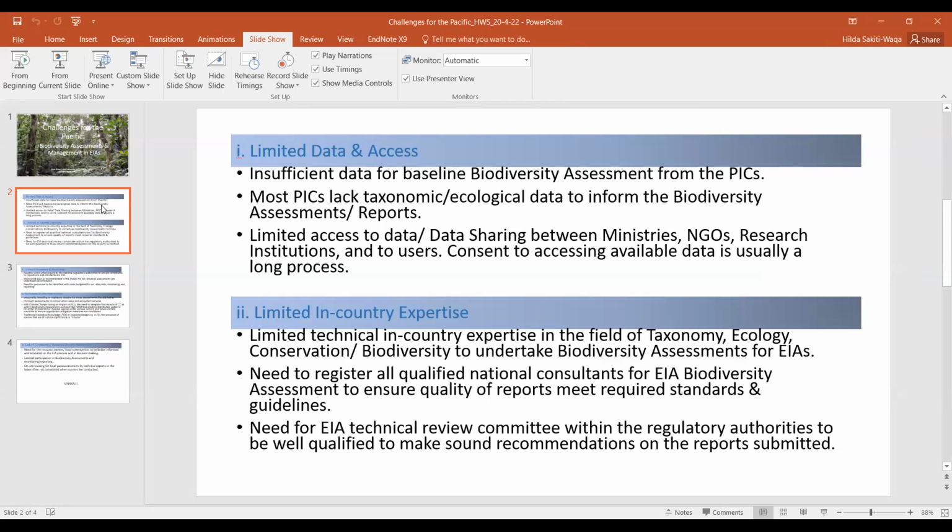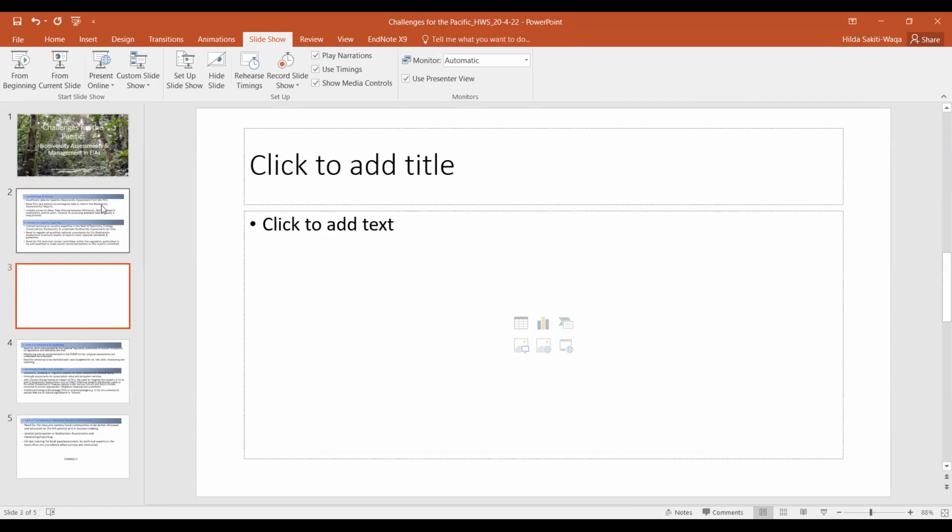It would be recommended that national regulatory authorities register all qualified national consultants for EIA biodiversity assessments, and this would ensure that quality of reports are met and also the standard that they are aligned to national standards and guidelines. Also, there's need for the EIA Technical Review Committee within the regulatory authority to be well qualified in the areas of biodiversity and conservation, and this would allow them to make sound recommendations on the reports that do get submitted.